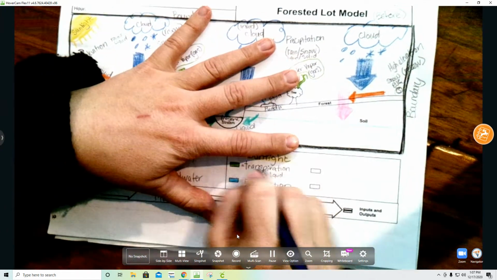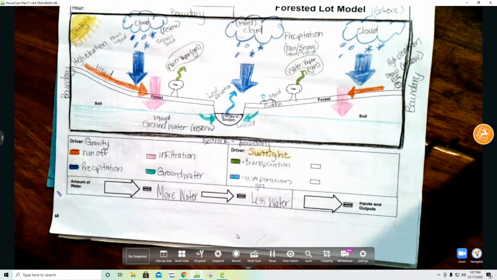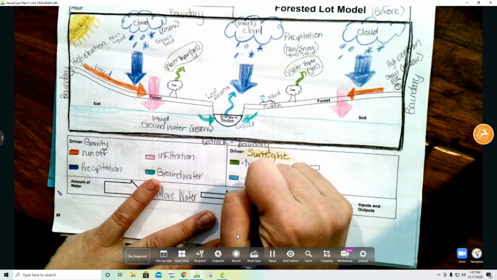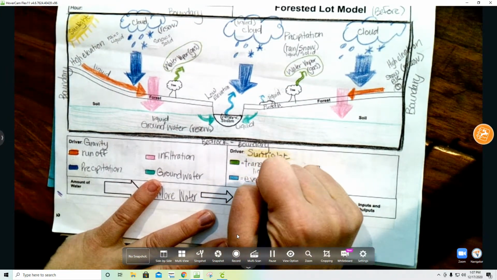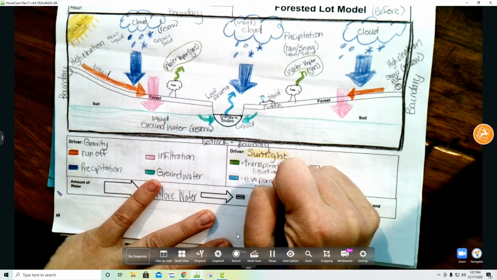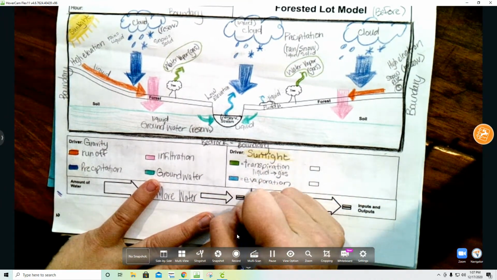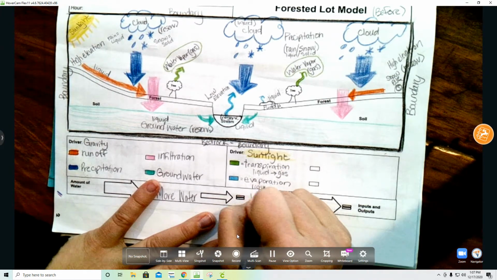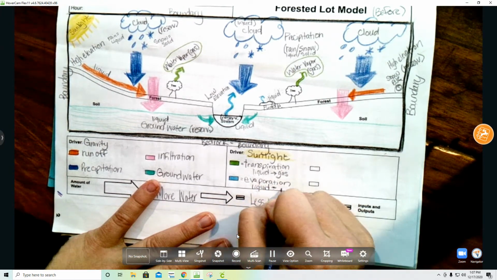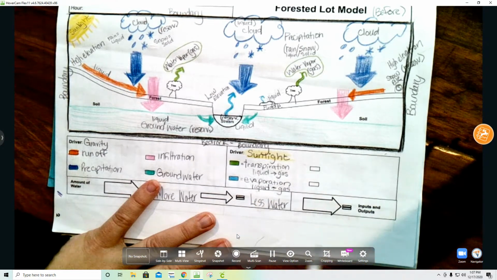Oh my goodness, I'm so sorry, guys. Absolute opposite of that, liquid to a gas. Forgive me. Liquid to a gas. Evaporation, transpiration are both liquid to a gas. Okay.